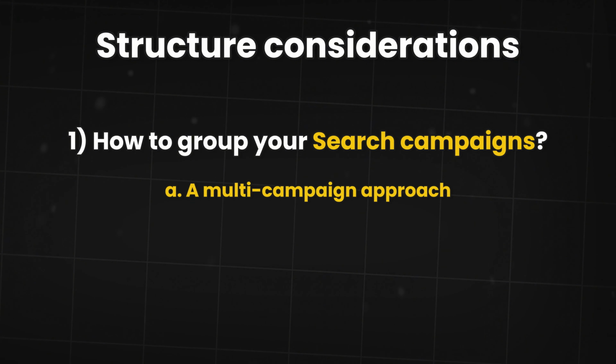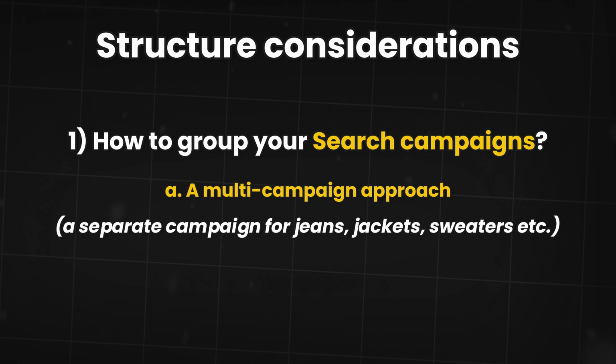First, you can take a multi-campaign approach where you're creating different search campaigns for different product or service categories with their own budgets and bidding targets. In my case, I could have a separate campaign for jeans, jackets, sweaters, and so on.